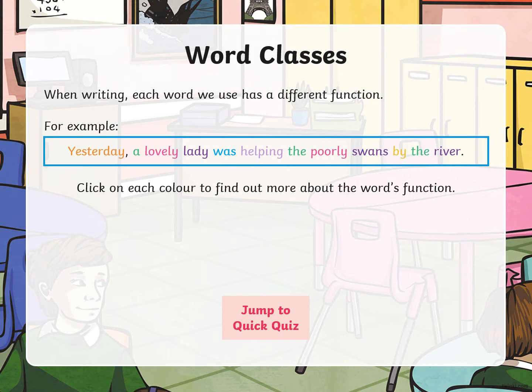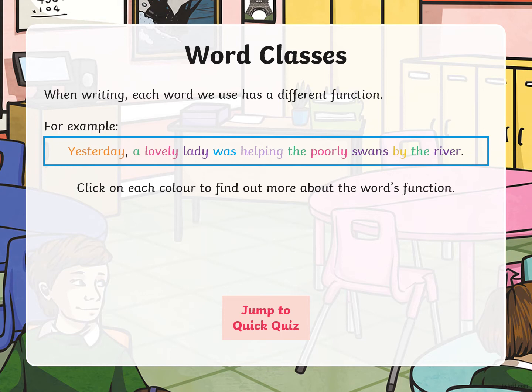So first one we've got is yesterday, which is our adverbial telling us when something happened. A lovely lady. So here we've got the a is the determiner. Lovely, it's in front of a noun, so it's my adjective. Lady is the noun, something that I can see.